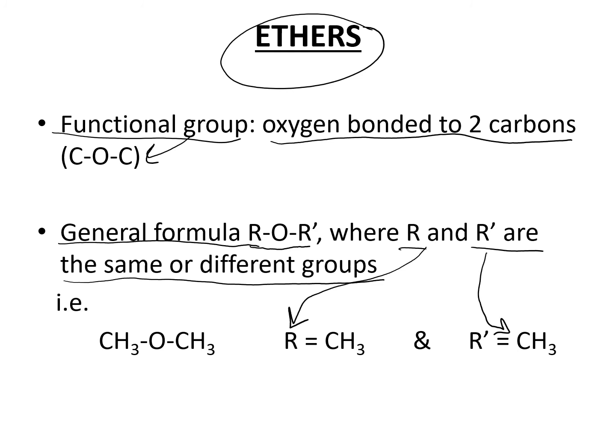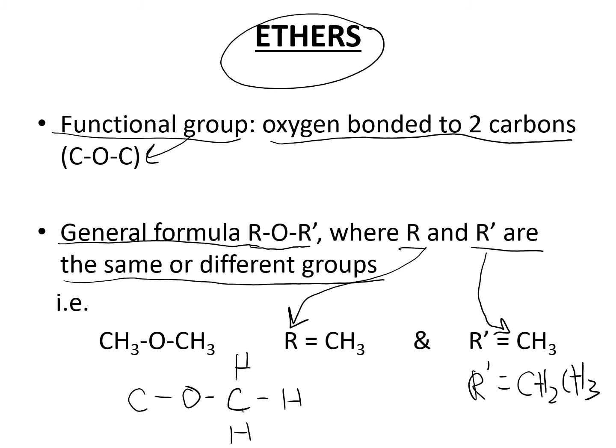Your R prime could be a different group, maybe CH2CH3. The main thing is to be able to pick out the functional group. Let me draw the structural formula for this ether. It's clear to see the oxygen bonded to carbons on both sides, that would be my functional group, an ether.